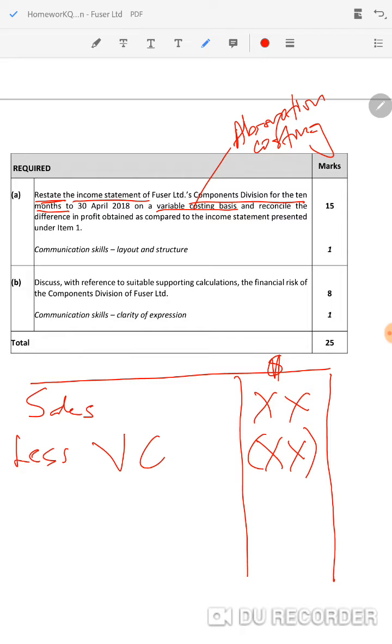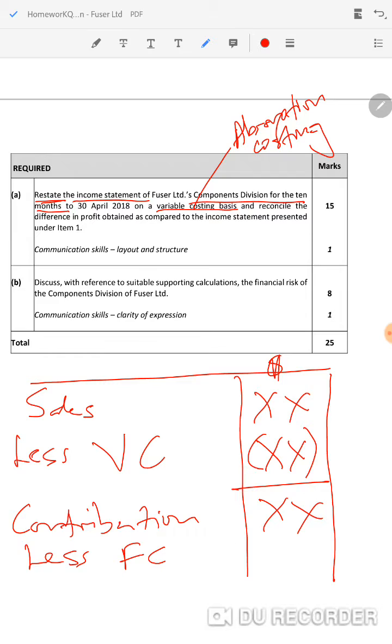Once I've deducted this variable cost, I should be able to get my contribution. Then from the contribution, I'm going to deduct my fixed cost. Then I get my profit for the period. So at a minimum, this is what we expected to see in your answer.